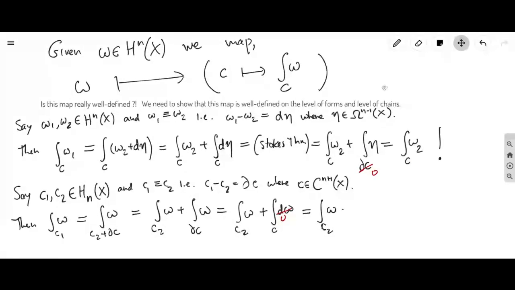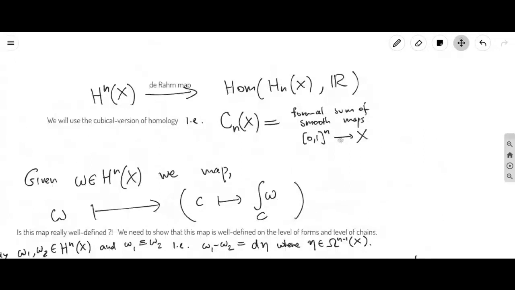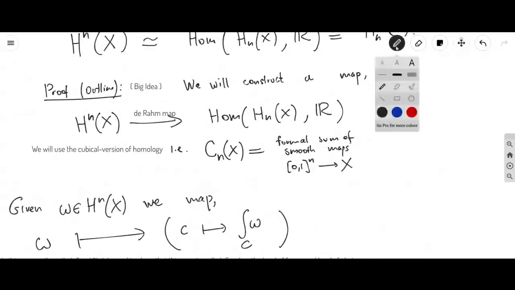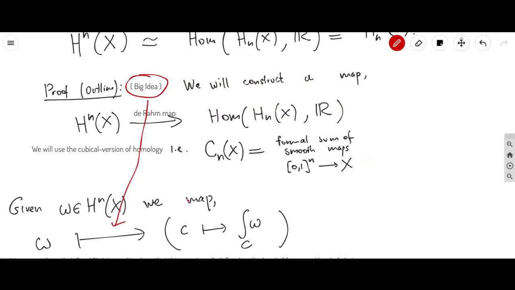Okay. So going back over here, what is the big idea? The big idea is quite simply that the de Rham map, this is what we call the de Rham map. The de Rham map is the map you get by integration. It's the integrating map. You're taking an n form that has 0 derivative, so it's in the cohomology, and you're mapping it to the dual of homology.